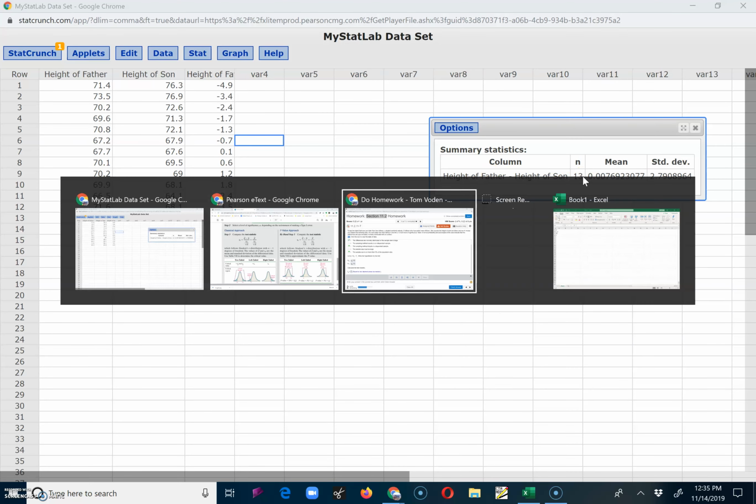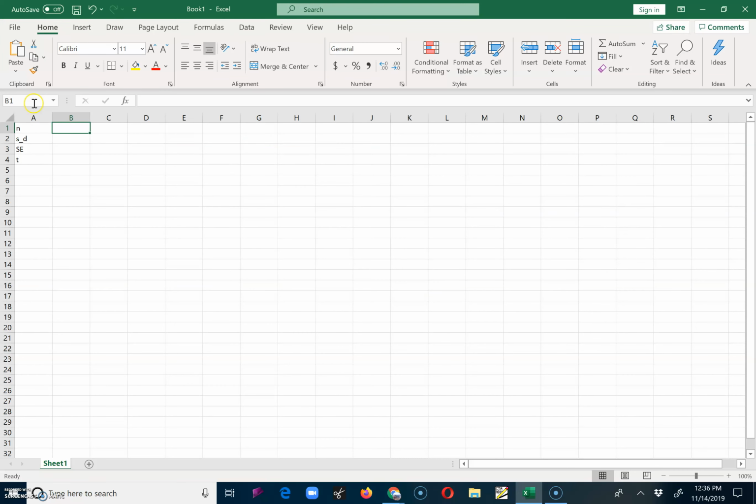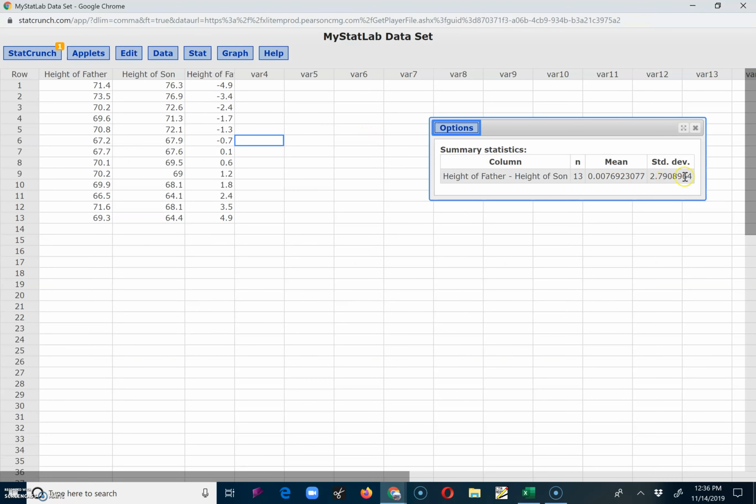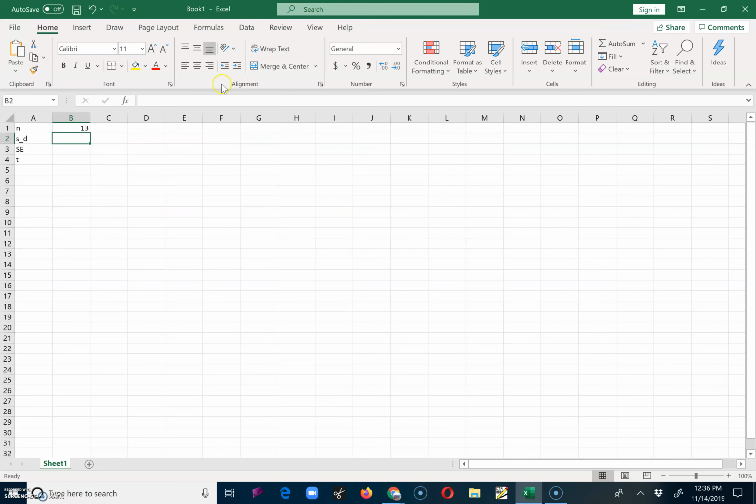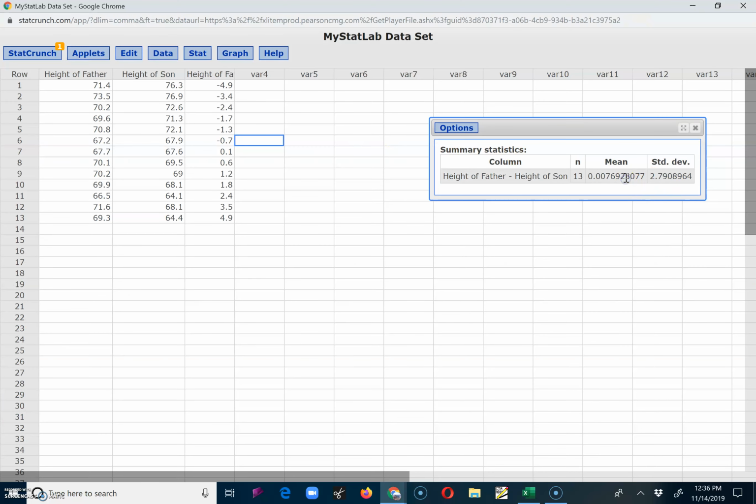I have an Excel sheet over here just to keep me organized. So the count was 13. The standard deviation was, I'm just going to copy this. I forgot to put in the mean. This is D bar. And that's here. So that's the mean value.